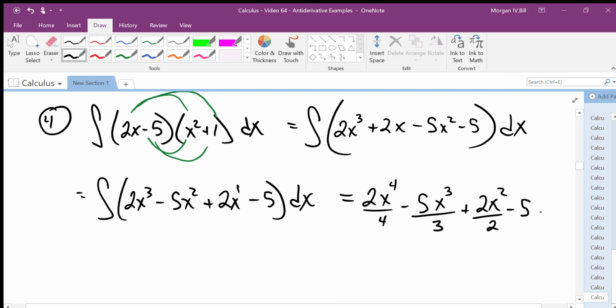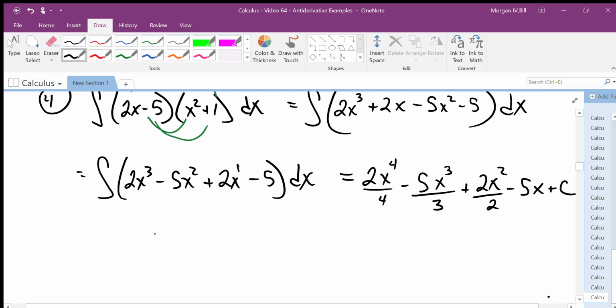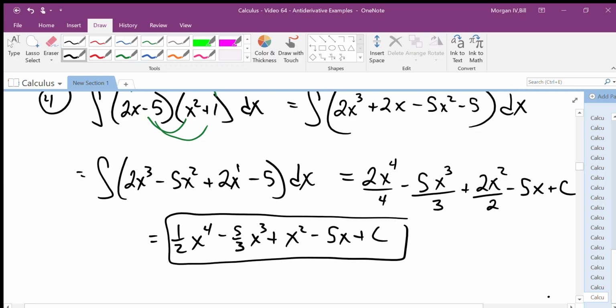Minus 5x plus c. And if I simplify, I get 1/2 x to the fourth minus 5/3 x to the third plus x squared, because the 2's cancel, minus 5x plus c, and that is my antiderivative.